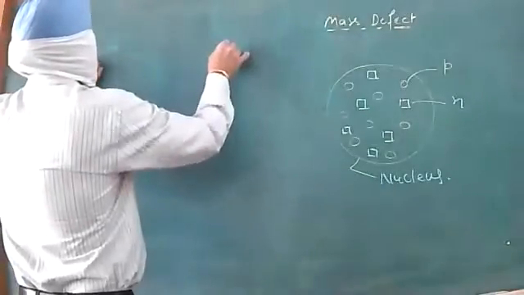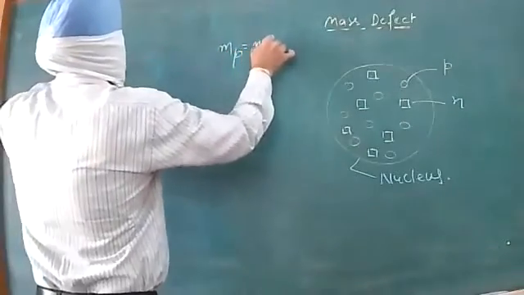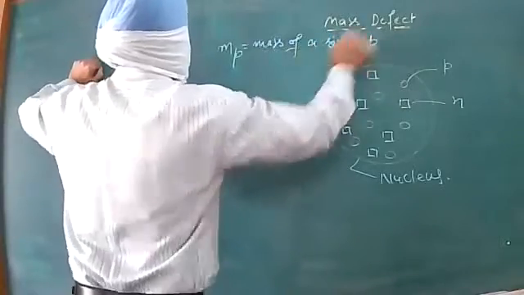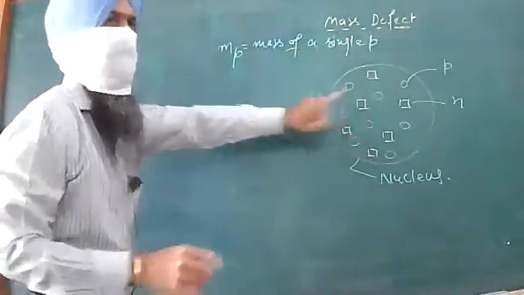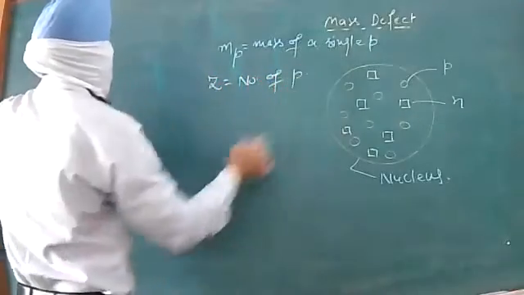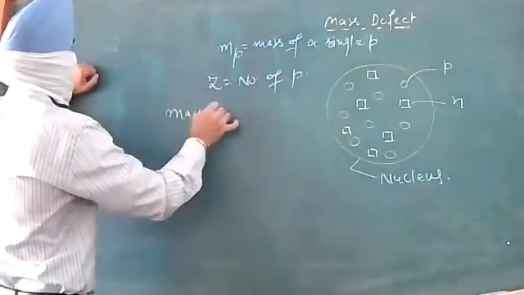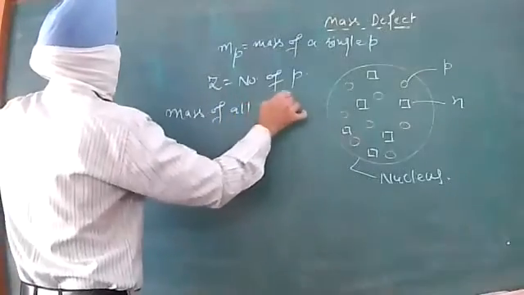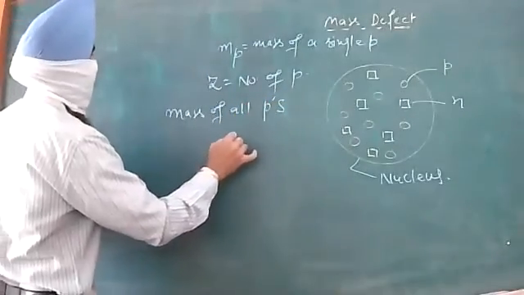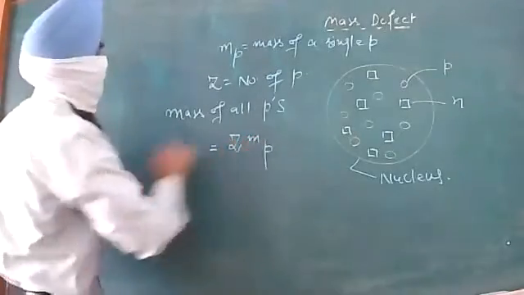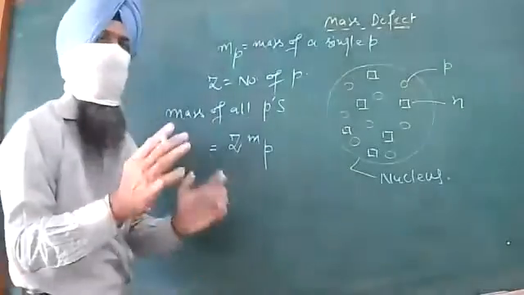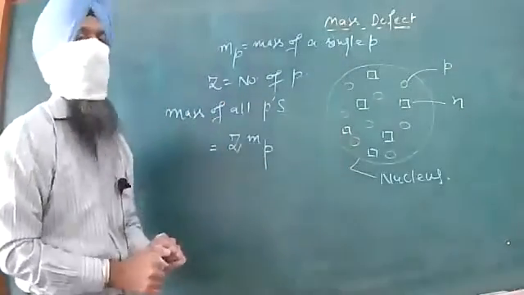I can say that mp is the mass of a single proton. And inside this nucleus, if there are Z number of protons, then the mass of all protons, when these are outside, is Z into mp.